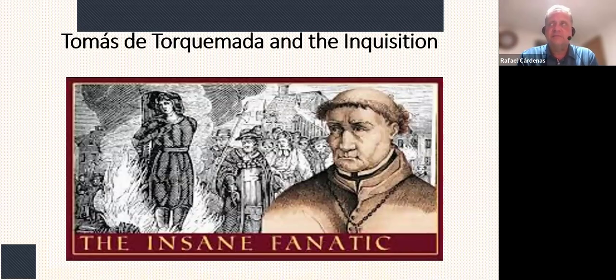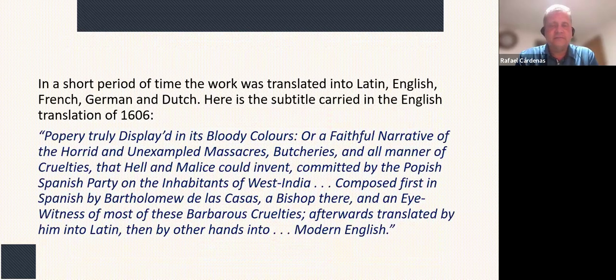And they were accusing them and informing the papacy that they were committing all kinds of abuses against the civilians, the indigenous and others. So this work by Bartolomé de las Casas was translated into Latin, English, French, Dutch, and German as well. So here's an excerpt.